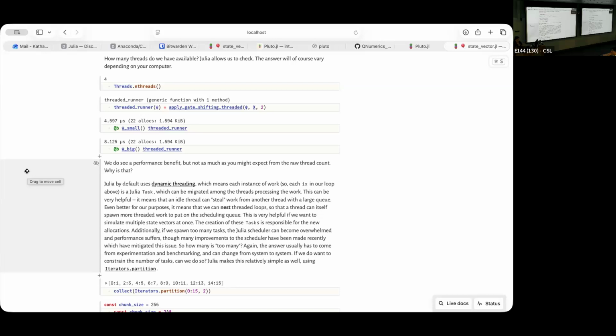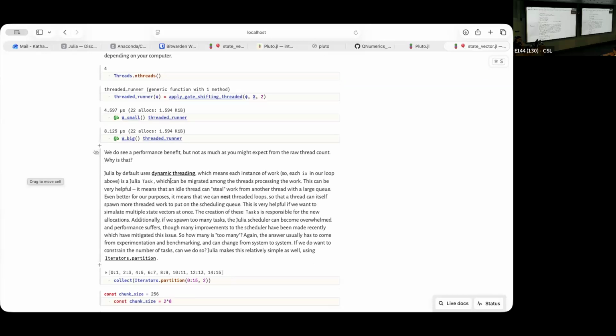This recently got much better in the scheduler, so I used to advise people to be very careful about doing this, but now you can be slightly less careful. But at the end of the day, the only real answer to when you should or should not do this is just to test it with benchmarking.